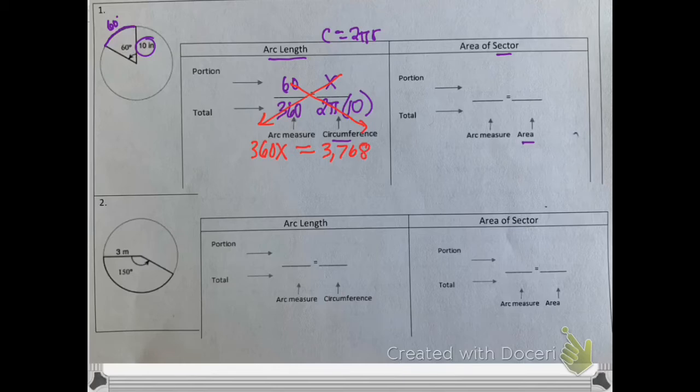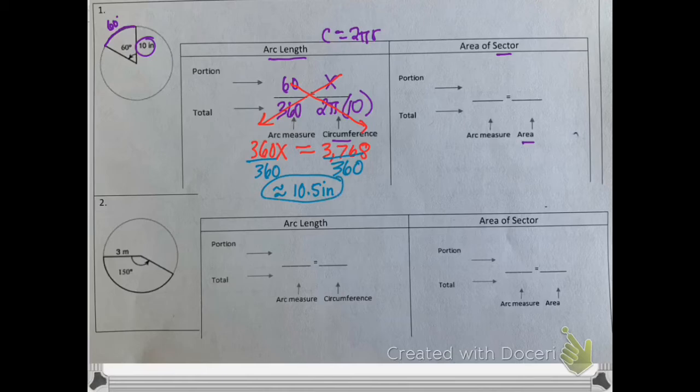One last step to isolate, we're going to divide both sides by 360 and round to the nearest tenth. So if I divide this by 360, I get approximately 10.5, and the units is inches. So approximately 10.5 inches is the arc length.